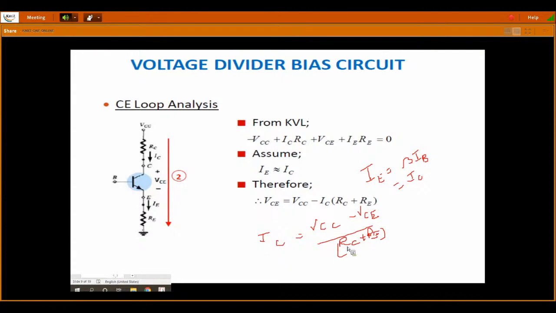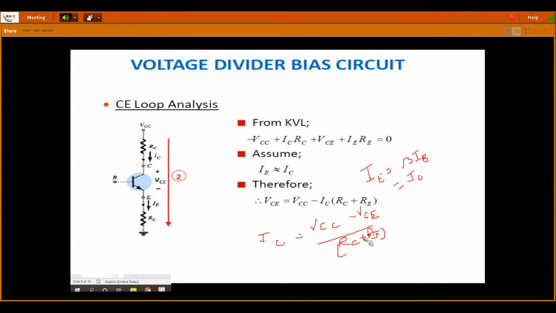It depends on the collector resistor RC as well as on the emitter resistor RE and the fixed magnitude of your DC voltage, which is VCC. Hence, unlike the temperature dependent factor of beta in fixed biasing, where the collector current depends on beta, here it depends only on the components connected in the voltage divider biasing circuit.